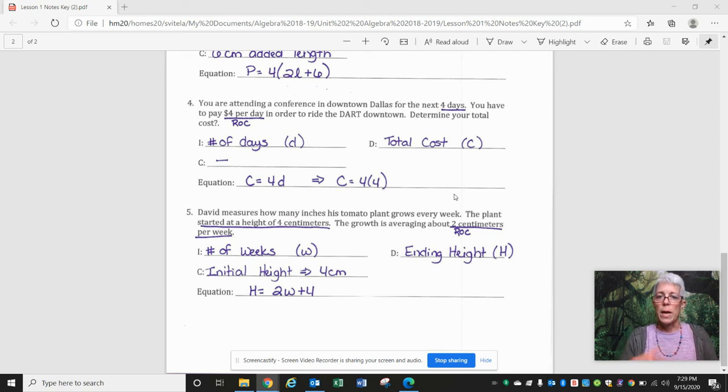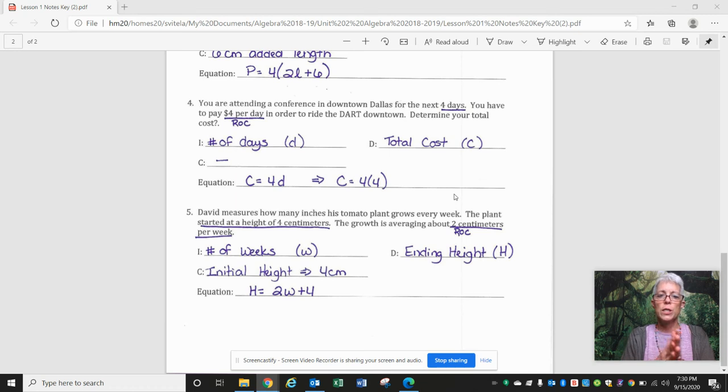So, depending on the number of days, that's going to determine the number of $4 that you're paying, because you're going to pay $4 per day. That total cost also depends on the number of days. There is no constant. I don't have a beginning fee or anything. It's just every day I need to pay $4 to use the public transit.